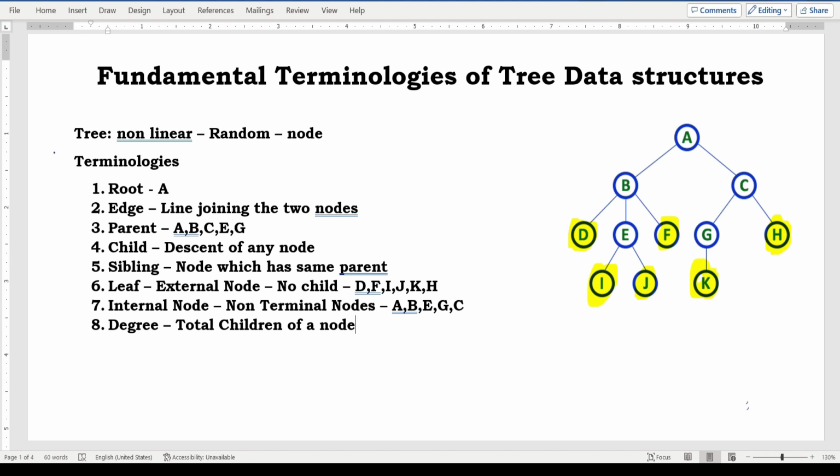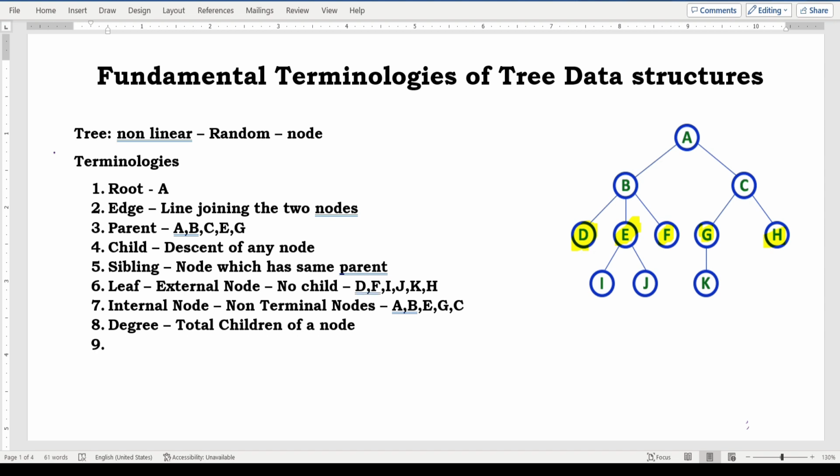How many children does B have? B has 3 children, so the degree of B is 3, and the degree of C is 2. Degree of A is 2, and for F we have no child, so the degree of F is 0.